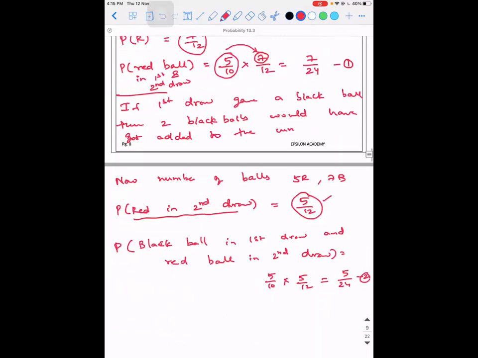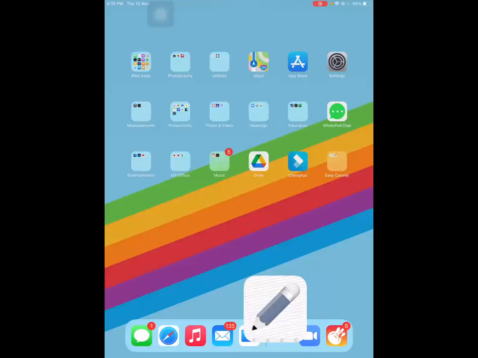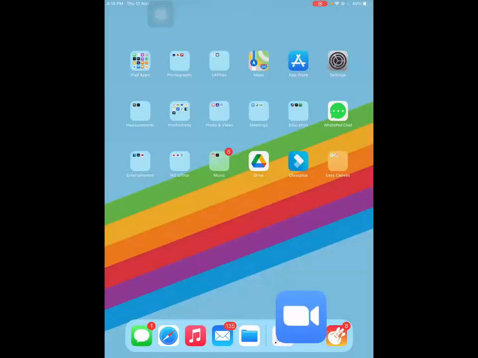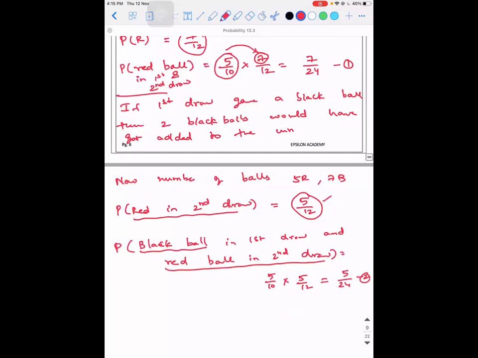So the probability of getting a red ball in the second draw, that's what the question is, is dependent on what ball you have got in the first attempt. Suppose you got a black ball in the first draw and a red ball in the second draw, then the probability would have been 5 by 10, the probability of getting a black ball in the first draw, into the probability of getting a red ball in the second draw, which is 5 by 12, which gives you 5 by 24.